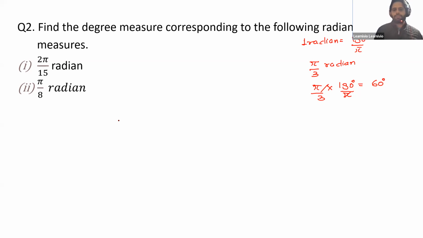Very good. That's correct. But in degree, if you are getting an answer in fraction, then we will not convert that into a decimal. We will convert that further into minutes and seconds. I will tell you how to do that. Yusra, you are correct. This answer is okay, but we will see how we can convert this into further minutes and seconds.